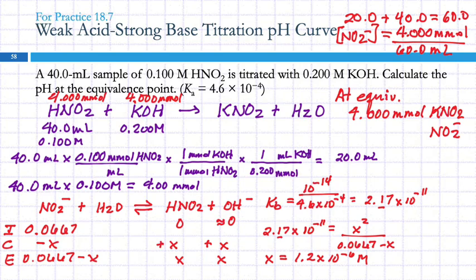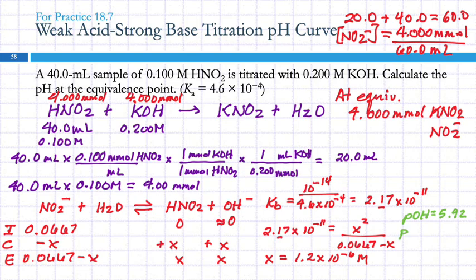How's this going to help us find the pH of the solution? Because X is equal to the concentration of hydroxide ion, right? So we could calculate the pOH, negative log of 1.2 times 10 to the minus 6, or 5.92.